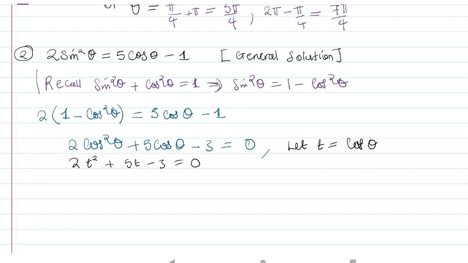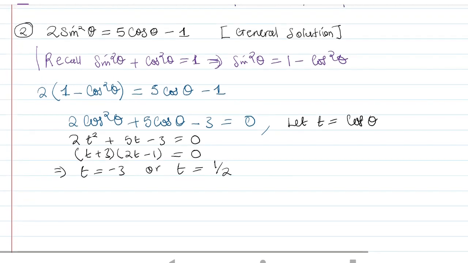So we can factorize this quadratic equation. And if we solve it, we have t is equal to negative 3, or t is equal to 1 over 2.